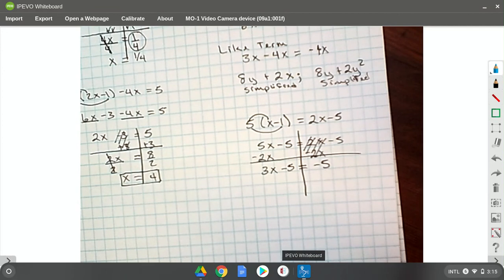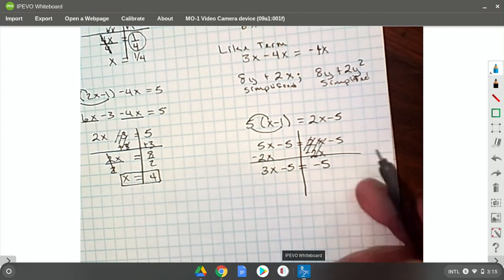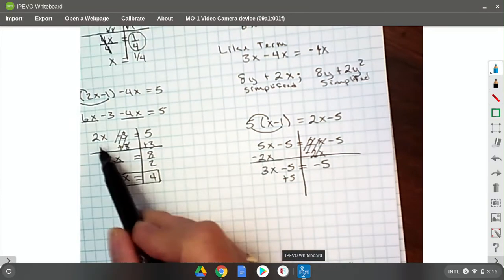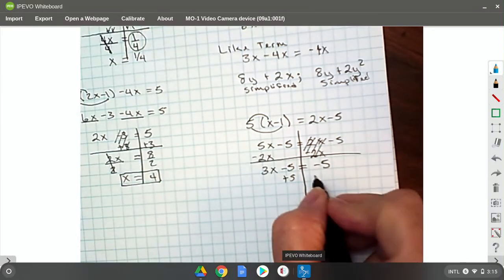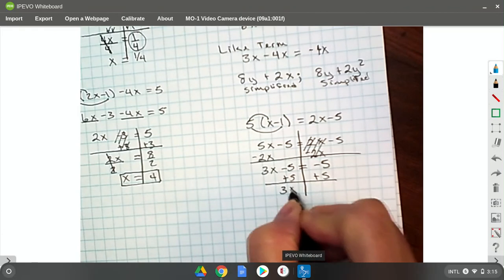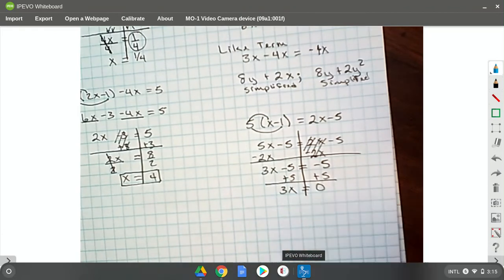Here's the part where people tend to stub their toe on this problem. I'm adding this 5, remember constant first, same basic problem. I get 3x equals 0. A lot of people tell me at this point that there's no solution. Remember, sometimes you have equations that have one solution, infinite solutions, and no solution.